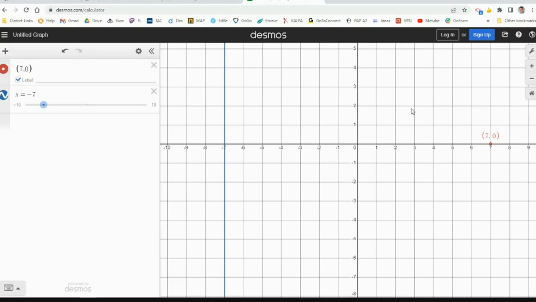We also know that the vertex is going to be halfway in between these, the same distance from each. If this is at -7 and this is at 7, our vertex must be at 0, 0. So we know our h and k are both 0 for this one.